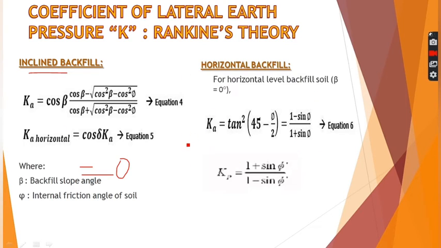Similarly for Kp, that is the passive earth pressure, the formula you will derive, and finally you will get this expression: Kp is 1 plus sin phi upon 1 minus sin phi, although as I have said before, the passive earth pressure is neglected for design of retaining walls, so we will not be using this much.